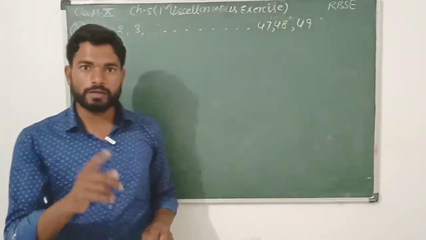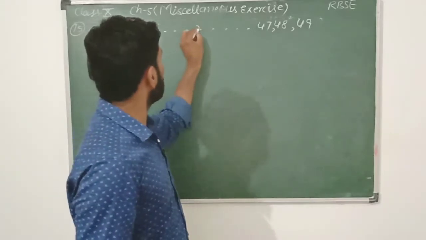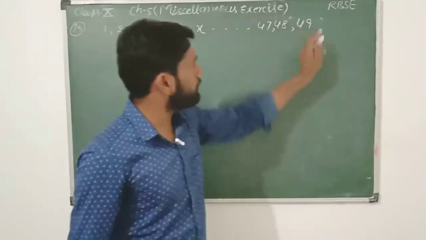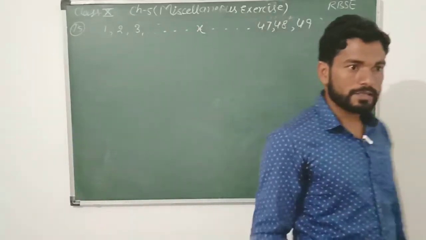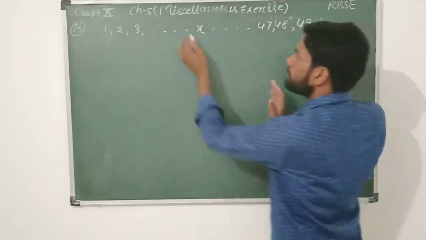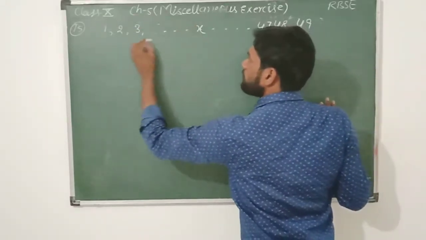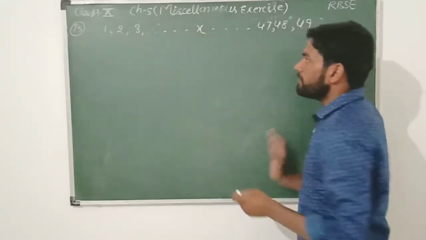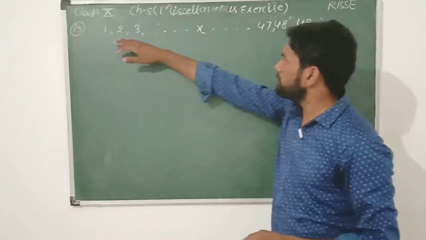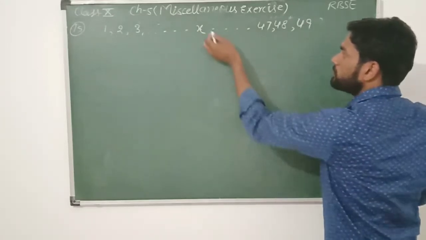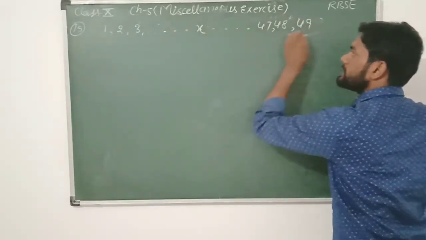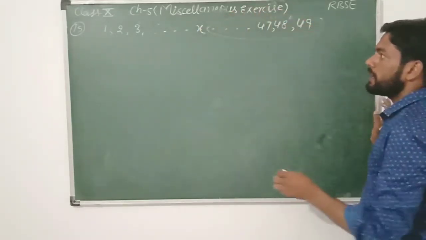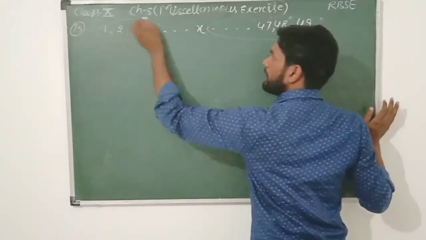One house number is marked with X between 1 and 49 such that the sum of the preceding terms of X, meaning all the terms which are before the X, is equal to the sum of all the successive terms of the X.